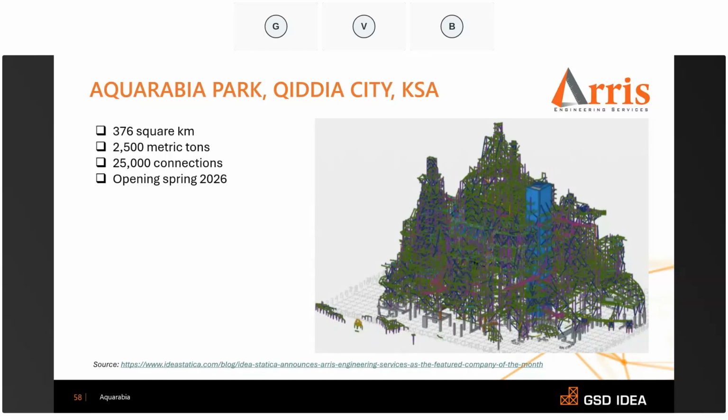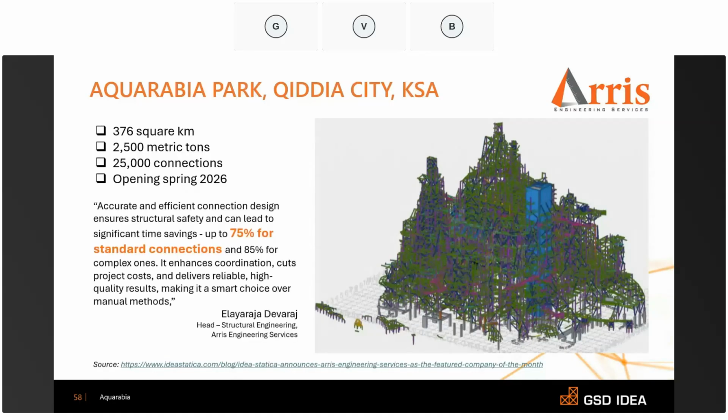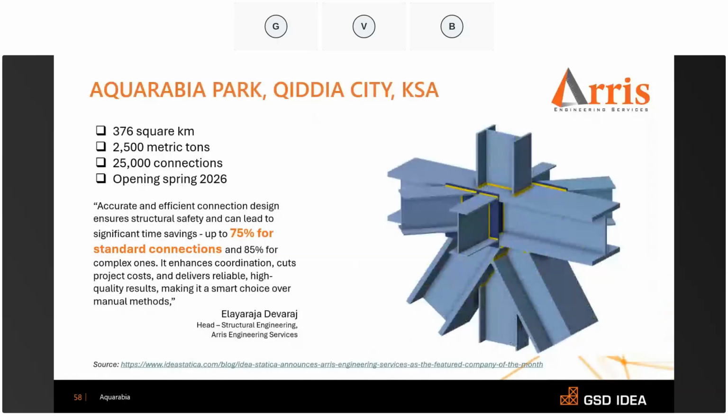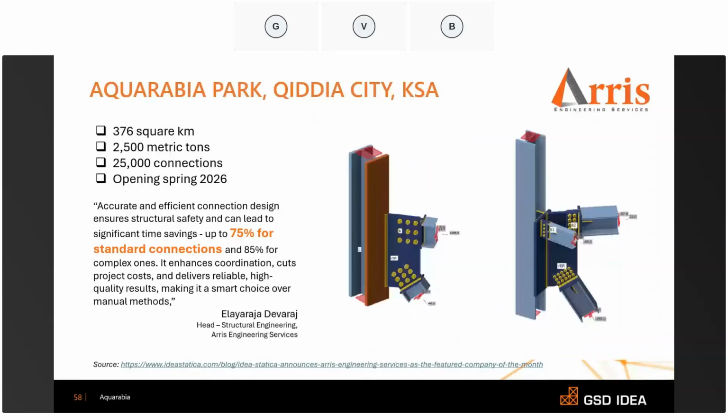It was a combination of standard and complex, and actually this study was done before our comparison, and what I like specifically is that the numbers here match exactly. So even though this study was done before our comparison, the customer confirms that they saved 75% on standard connections of this very specific structure. Of course, they had also complex connections. Here is the example, a standard connection, but along the way they had to make it complex.